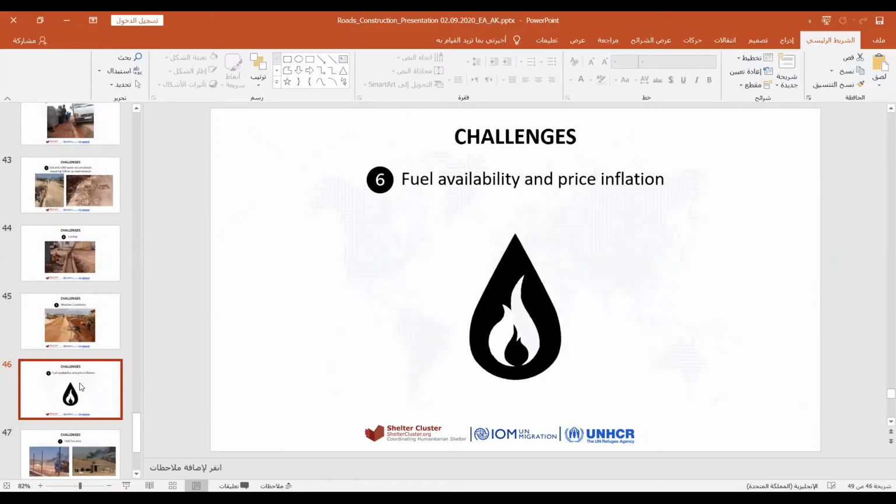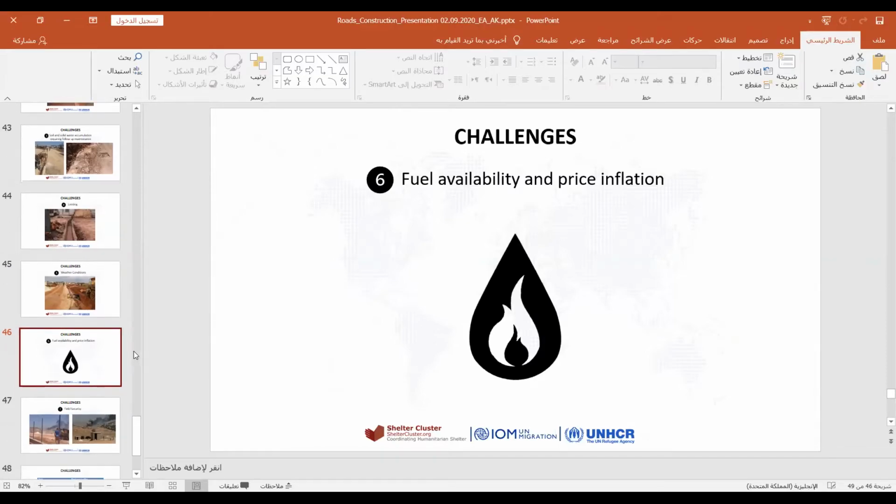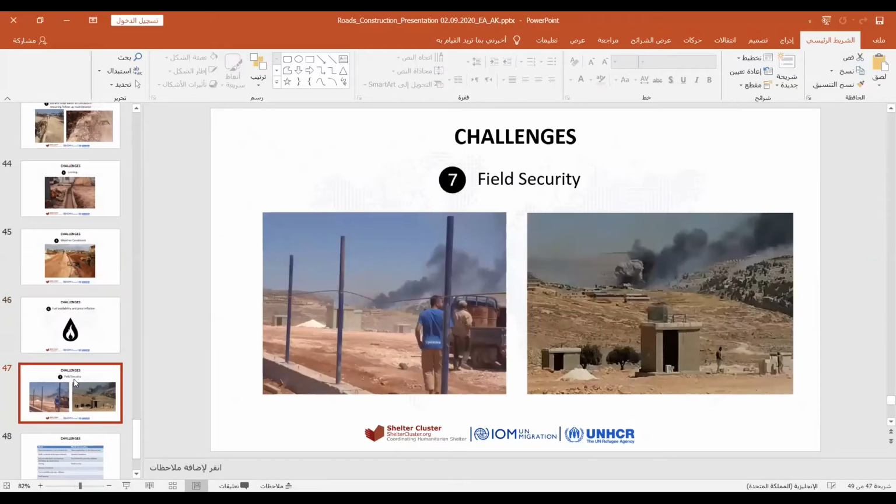And one more challenge that we face is the fuel availability and the price inflation during winter, because as we know, during winter there is a high demand on fuel, so this results in the lack of fuel, and eventually the prices go up, especially that we use heavy vehicles during road construction, and they consume a lot of fuel, so this could be a problem for us.